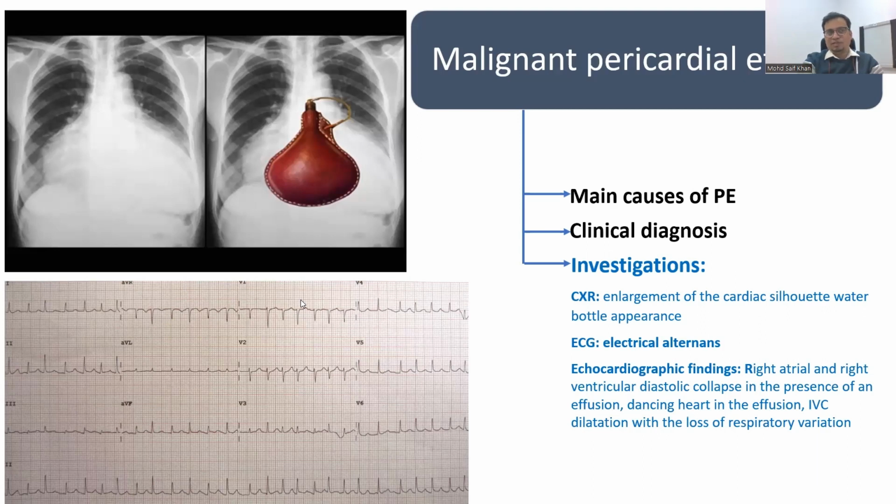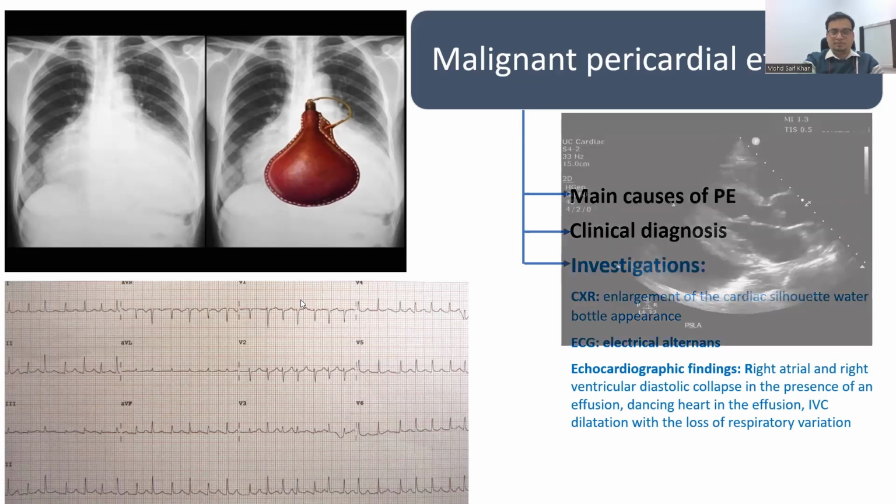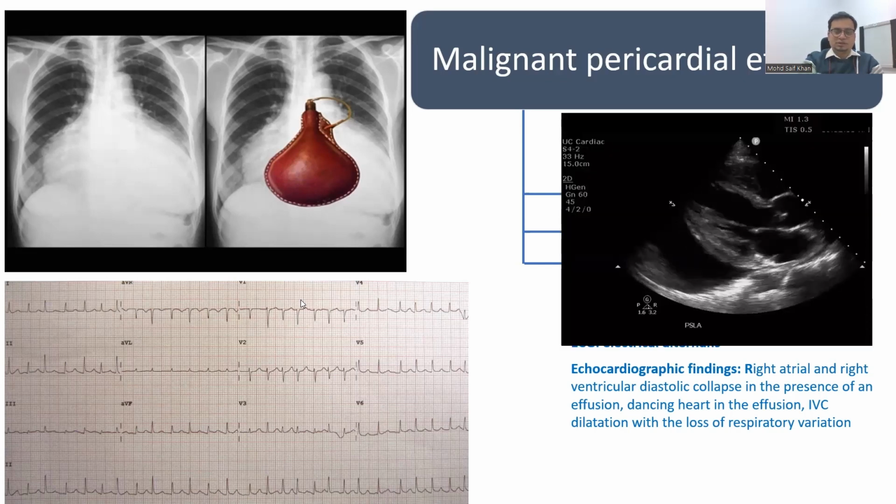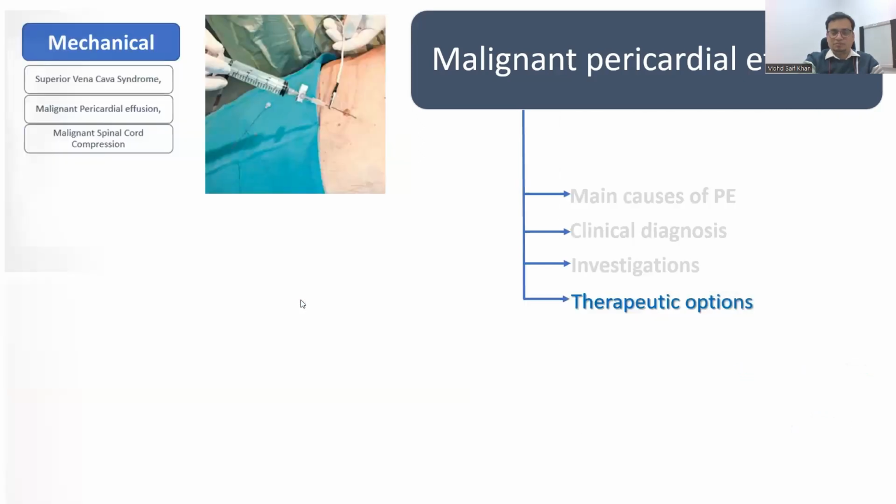So fluid management based on IVC is not a great idea. IVC fails here to tell you anything about the fluid status. So this is the diastolic collapse of RV. That is a quite important feature of tamponade physiology.